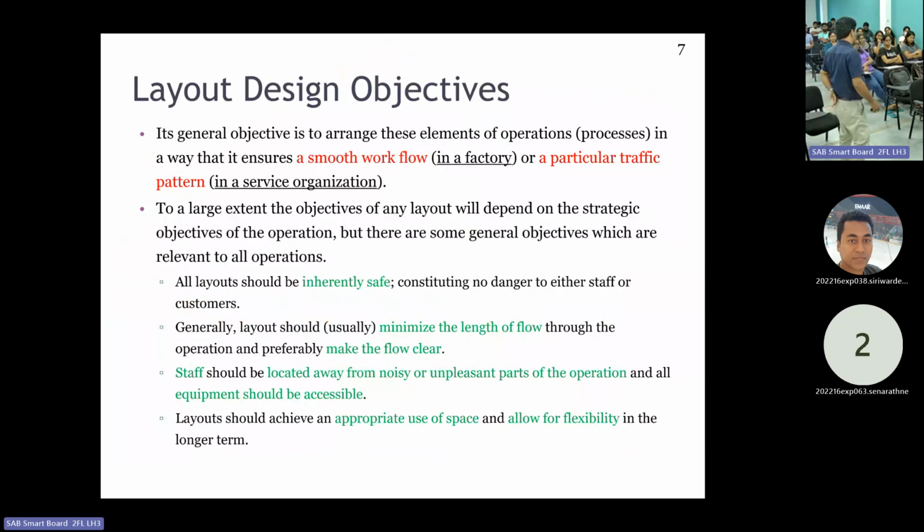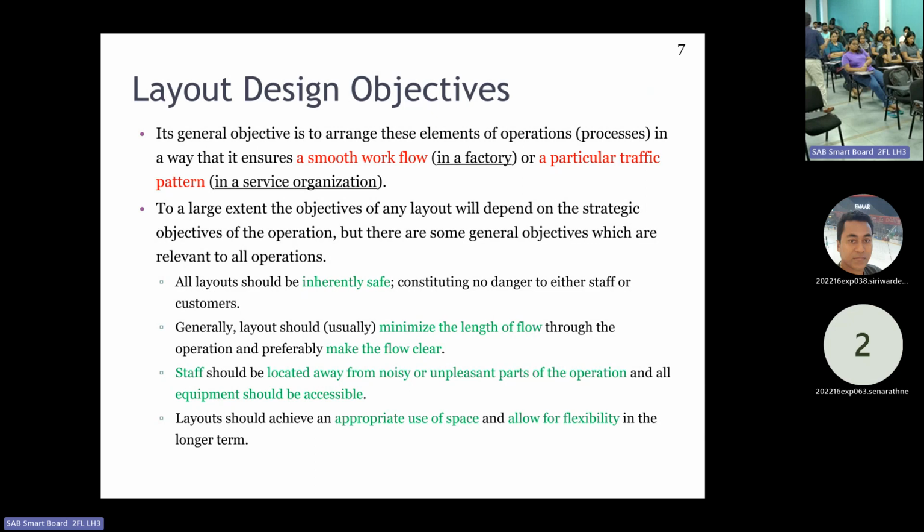Slide number 7 introduces the common objectives for a layout plan. The first point here says that for factories or in manufacturing, the main layout objective is to arrange the physical environment in such a way as to ensure a smooth workflow.